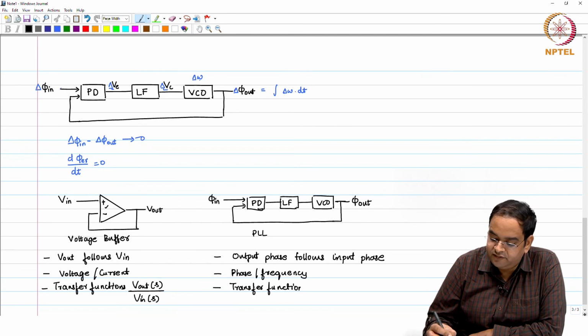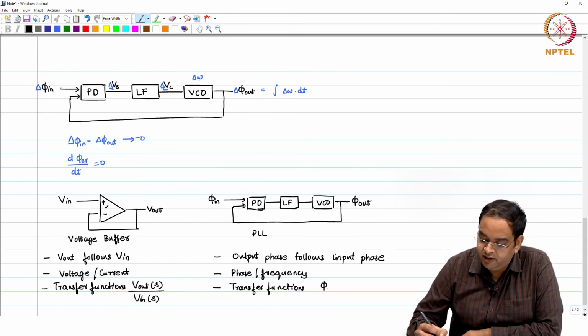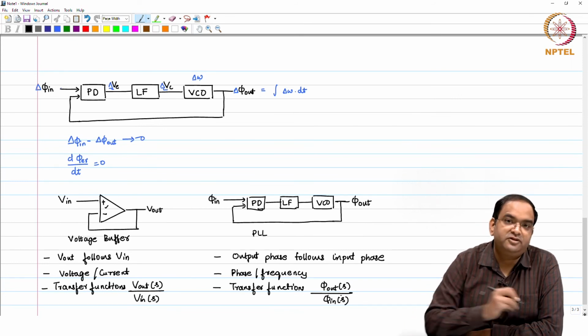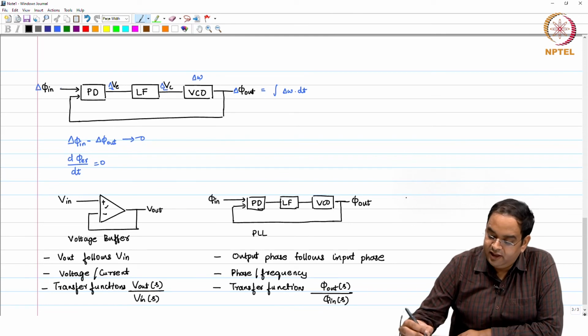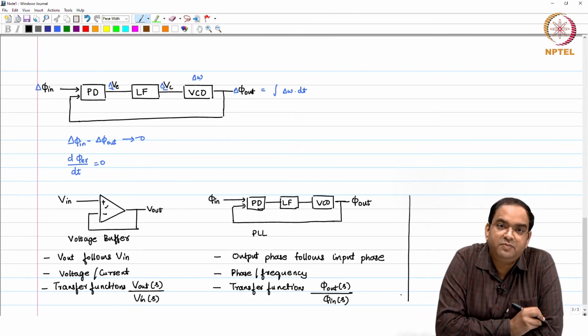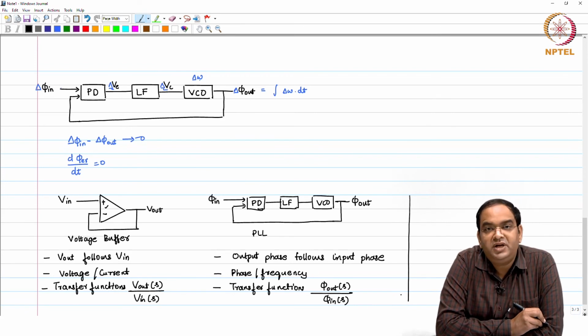So, here the transfer function which we will be interested in is phi out of S divided by phi in of S.